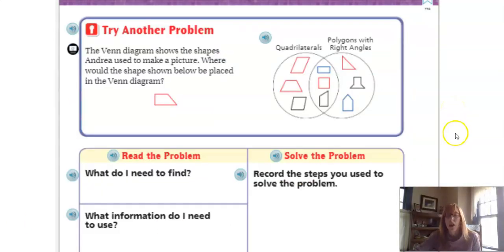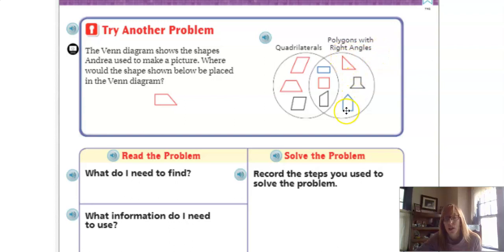I hope everyone's on the next page, and it says try another problem. So we have another Venn diagram here. We have quadrilaterals on this side, and we just did the definition of quadrilaterals. Then over here we have polygons, which are closed shapes with no curved sides that have right angles.